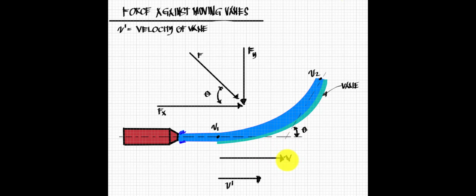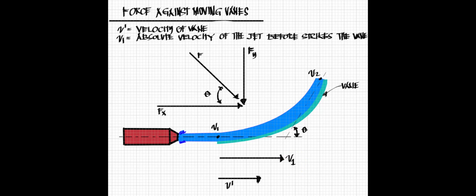So this will be velocity v1. Okay, so your v1 prime represents the absolute velocity of the jet, that is before it strikes the vane, in this part.